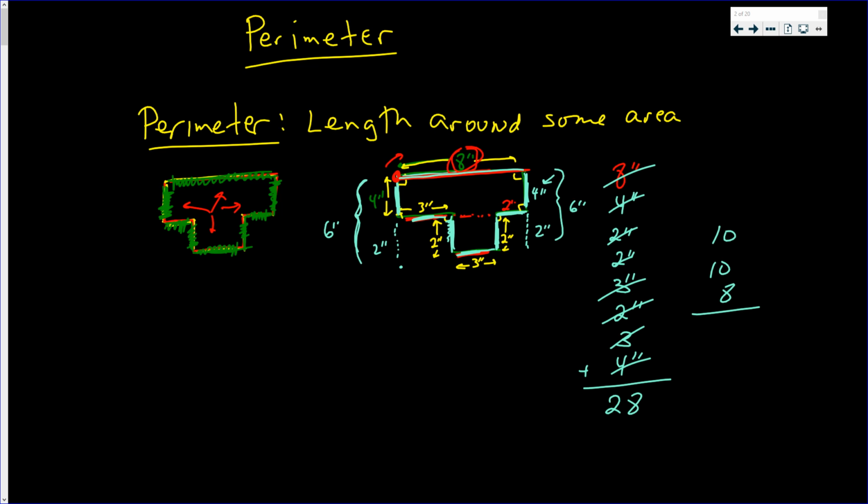Now, in my opinion, if you say 28, I would say you're wrong. The perimeter is 28 inches. It's not 28, it's not 32, it's not inches, it's not feet, it is 28 inches.